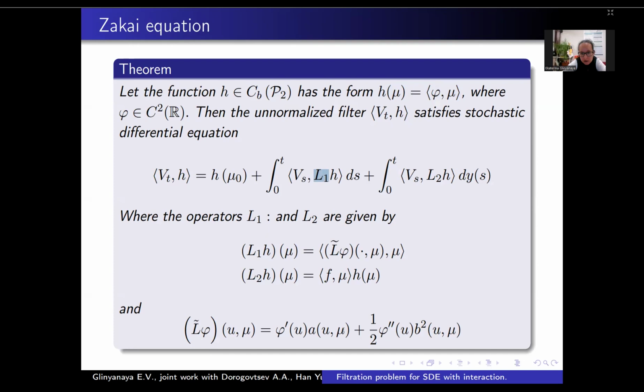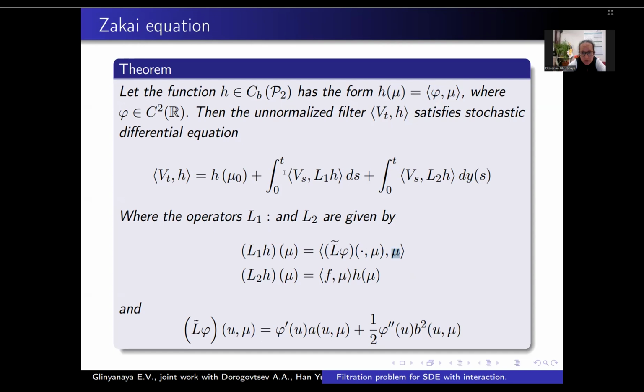But here the coefficients depend on the measure. So here we have this coefficient, and we integrate it with respect to mu again.